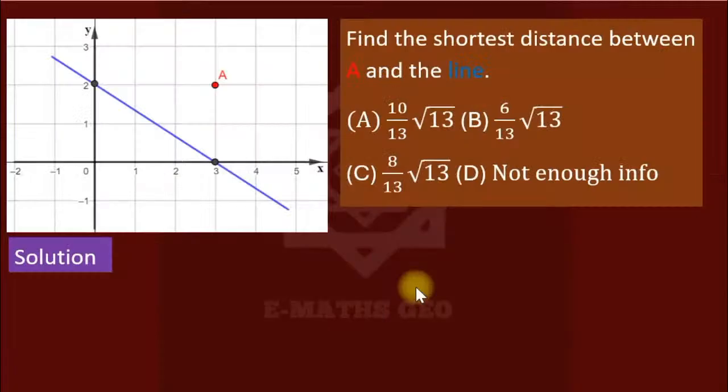We're asked to find the shortest distance between a point and a line. And we know that the shortest distance is always a perpendicular distance.